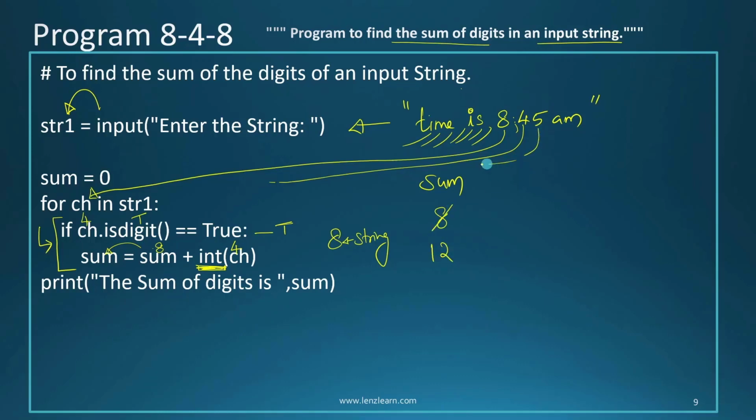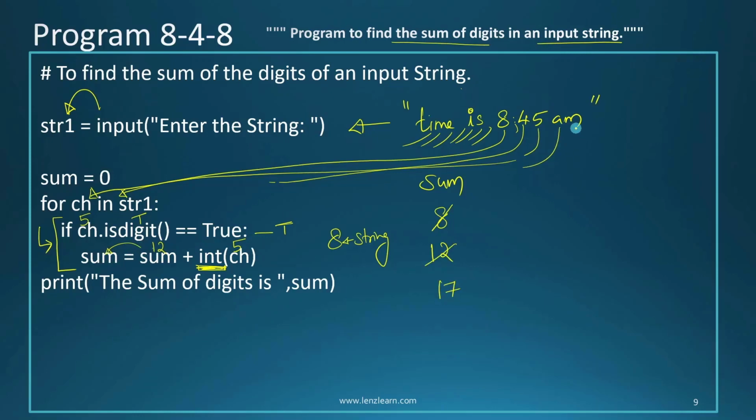After that 5 will be loaded into ch. Now I will check whether 5 is a digit. It is true, so this entire condition evaluates to true. Now the value of sum is 12, and 5 is a string. I will convert that to an integer and add it to 12, so you will get value 17 that will be stored into sum.